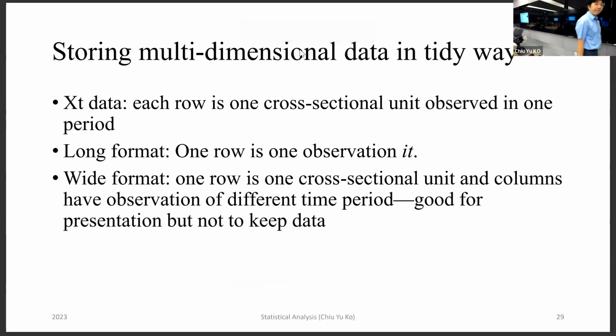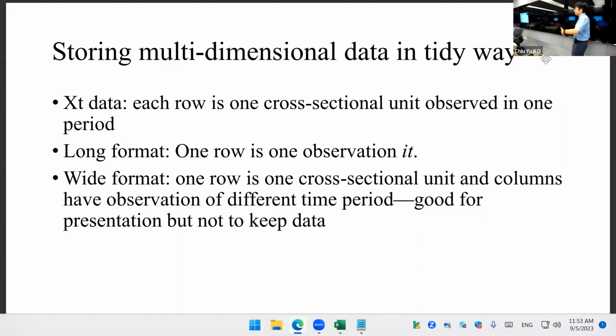As I mentioned, XT is cross-section time series panel data. As I said, this is the most common thing you will face when you work these days. It's multidimensional in the sense that XT data has observations of different units over time, and that means presenting the data is rather complicated.